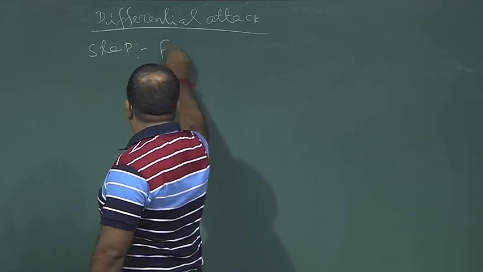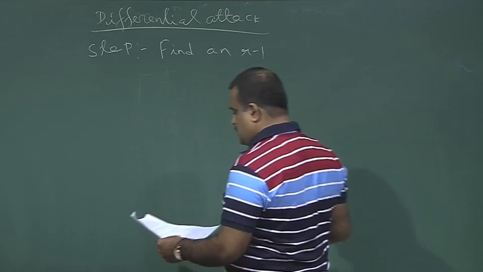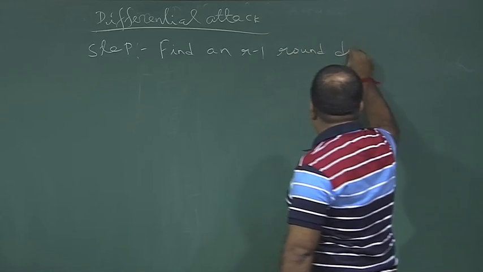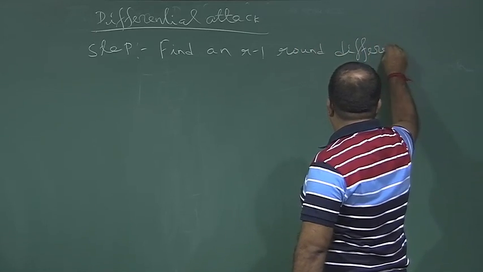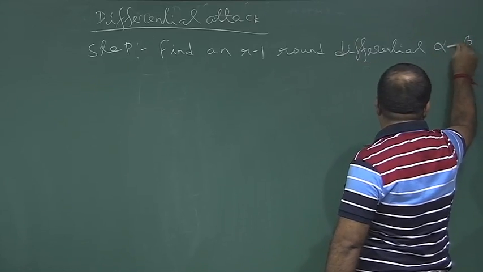Find an R minus 1 round differential, alpha going to beta.